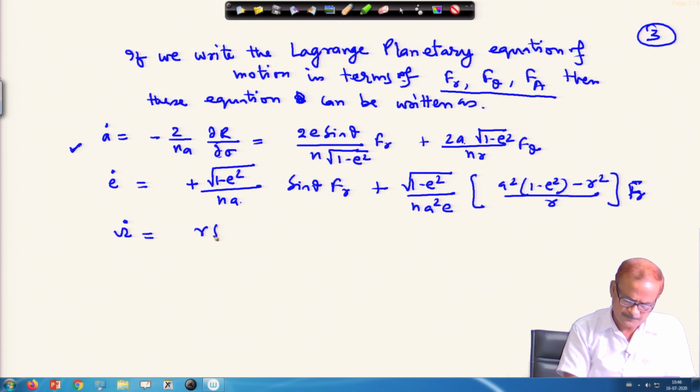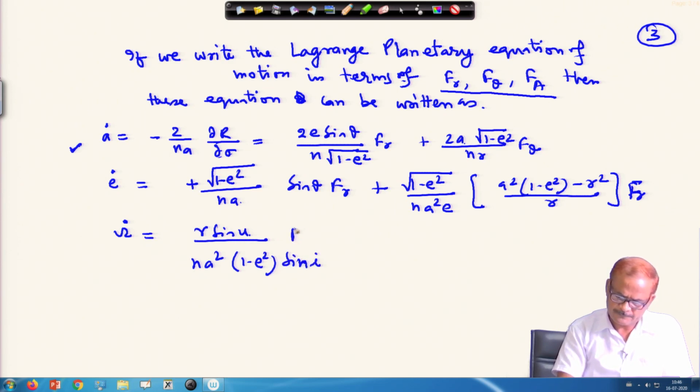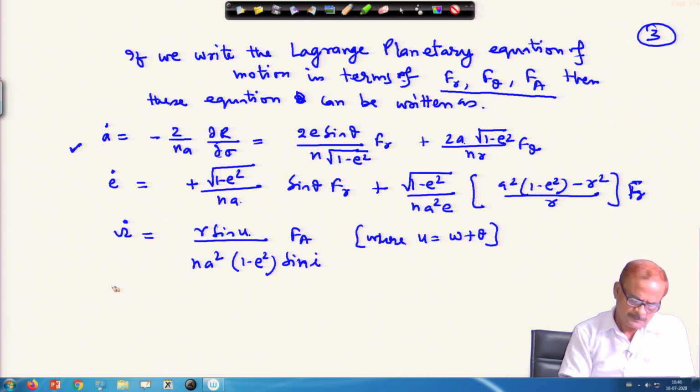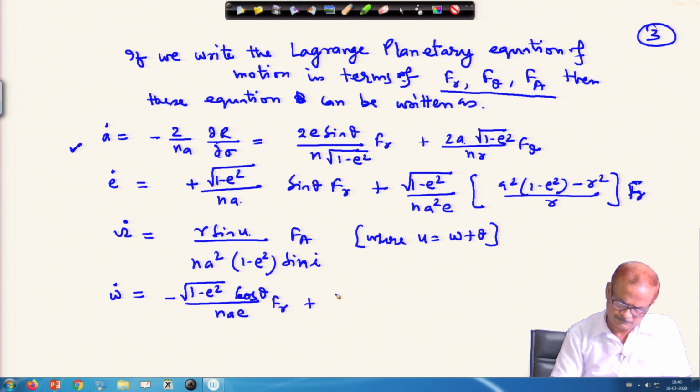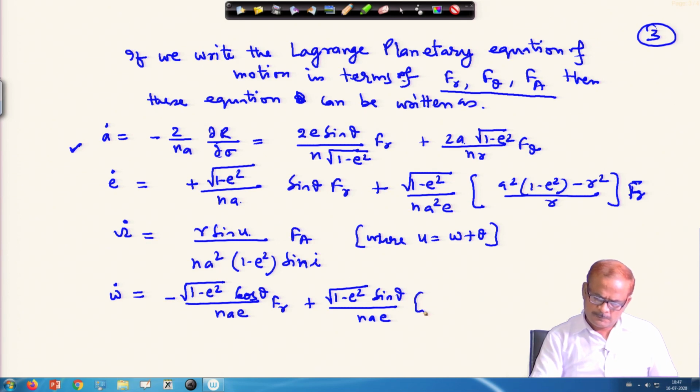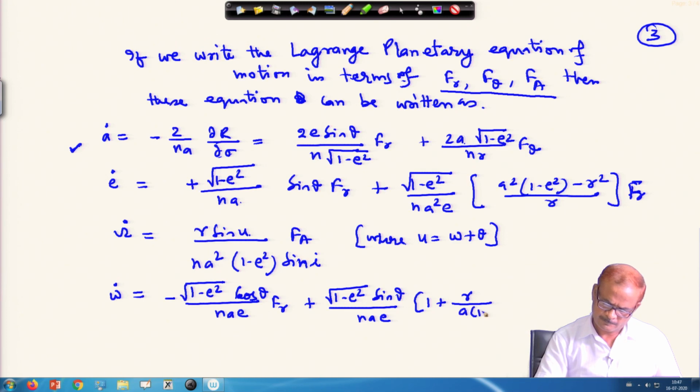Let's see. First, we finish this: sin u, n a square, 1 minus e square, sin I times f a, where u equal to omega plus theta. One minus e square, f theta.